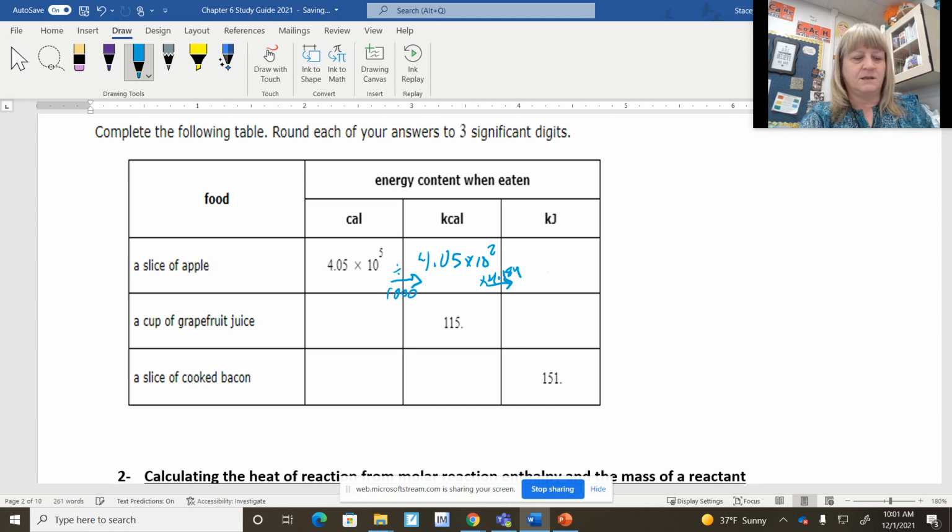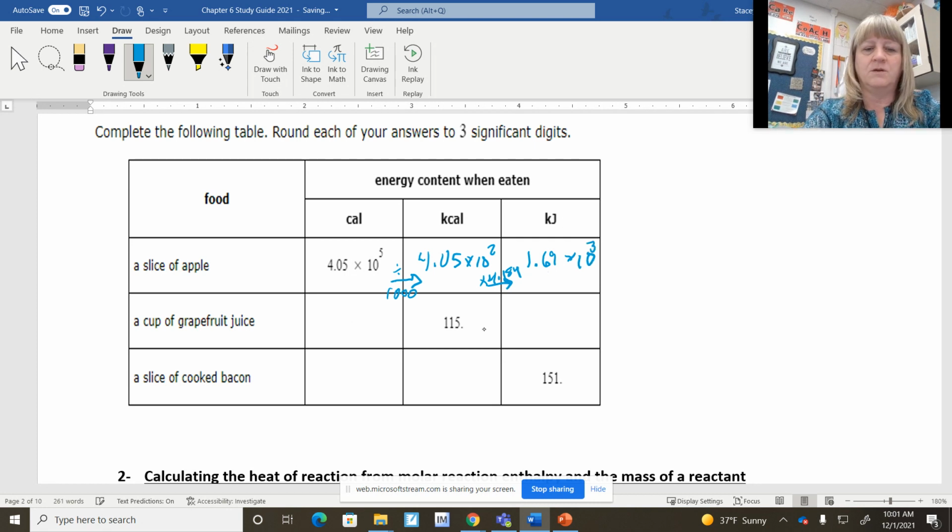I always hit enter and then I do the next part. Times 4.184 gives me, and it's bigger than 1,000, so put it in scientific notation to three significant figures, 1.69 times 10 to the third.